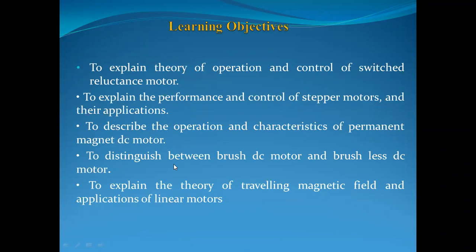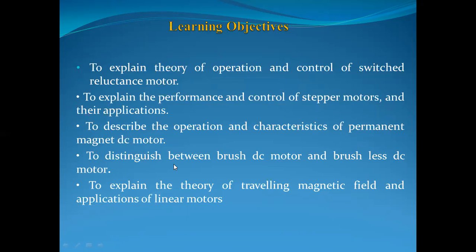What are the objectives you have to know? What is the main objective of each topic in this subject? It is the principle of operation and control of a switched reluctance motor, and also the PMDC motors, permanent magnet DC motors.